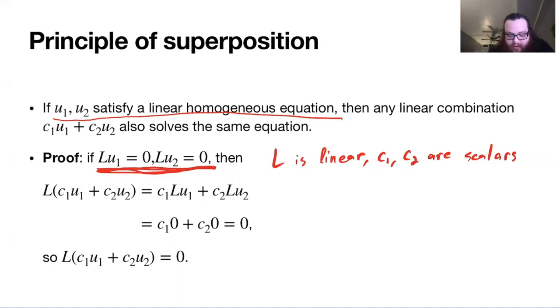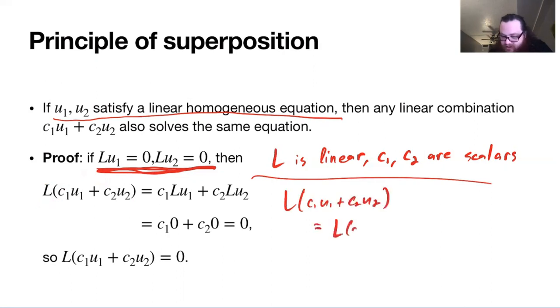So let's look at what happens if we apply L to this linear combination. If L is linear, we can distribute it across the sum. So let me fill in the blanks here. L applied to c1 u1 plus c2 u2 is equal to L applied to c1 u1 plus L applied to c2 u2.